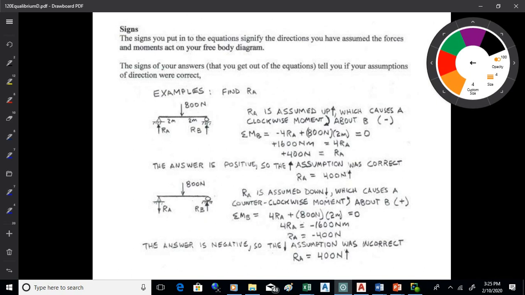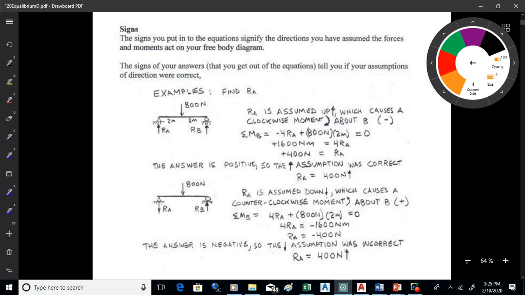The signs you get out of the equations, which are the signs of your answers, tell you whether or not your assumption of direction initially was correct. So the signs mean different things depending on where you use them. When you put them into the equations, they indicate the direction you assume things act. However, the signs you get out of your equations, the answers, indicate whether your assumptions were right or not.